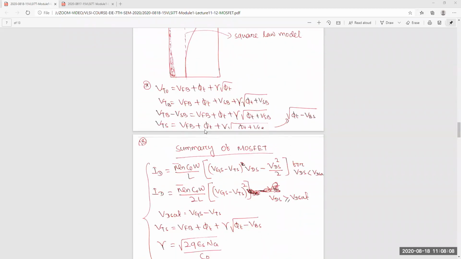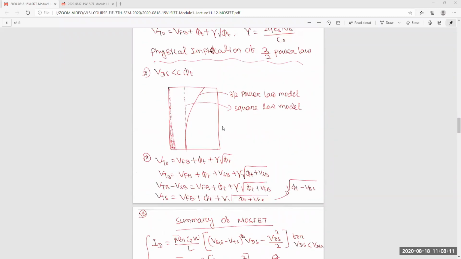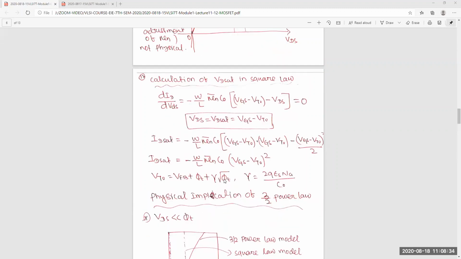So now this is the final. This is also another thing: VT0. In every equation you can see in the books, the equation is like this. In the last equation, V flat band plus phi t plus gamma times the square root of phi t plus VSB. In every book, whether it's Kang or any other book, it's not written as VT0, it's written as VT.